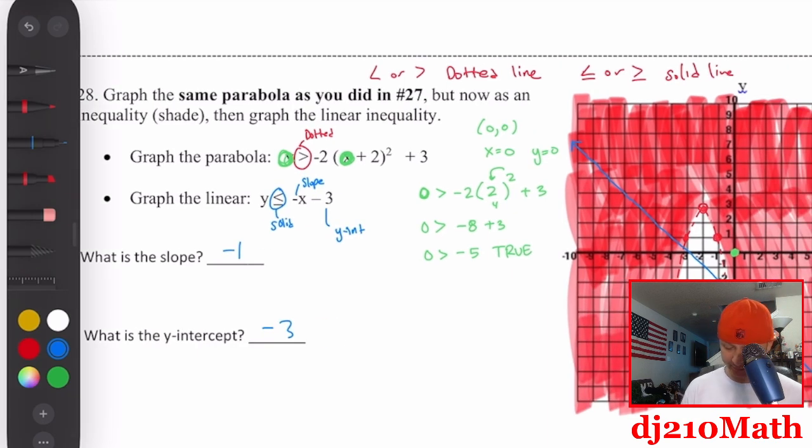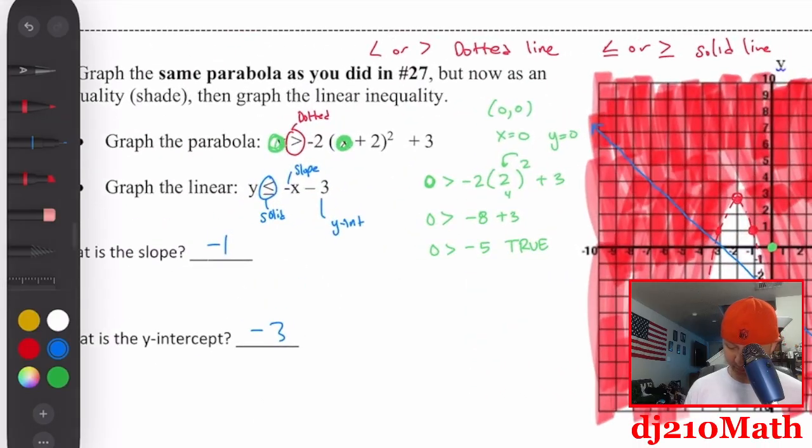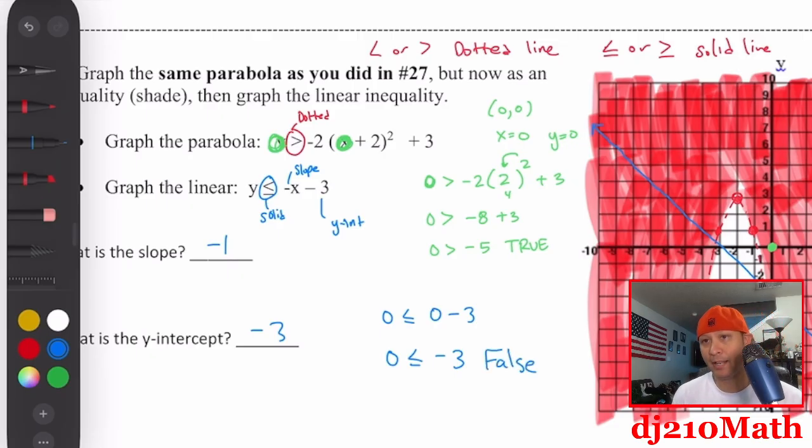Okay, so are we shading above or below? That's the question. So 0 less than or equal to 0 minus 3. Is 0 smaller than -3? No, we just said 0 is bigger than all negative numbers. So this is false. So I do not shade on the side that has 0, 0.